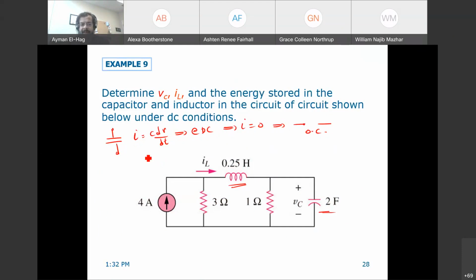Now, for the inductor, V is equal to L di by dt. So at DC, your voltage is equal to 0 because di by dt is equal to 0. And hence, you will have the inductor modeled as a short circuit.